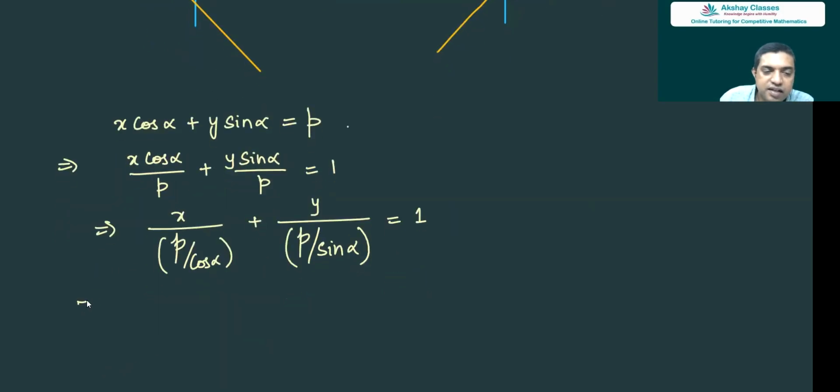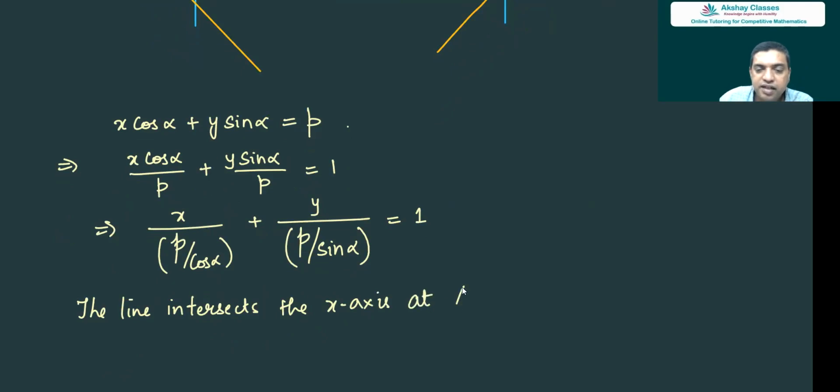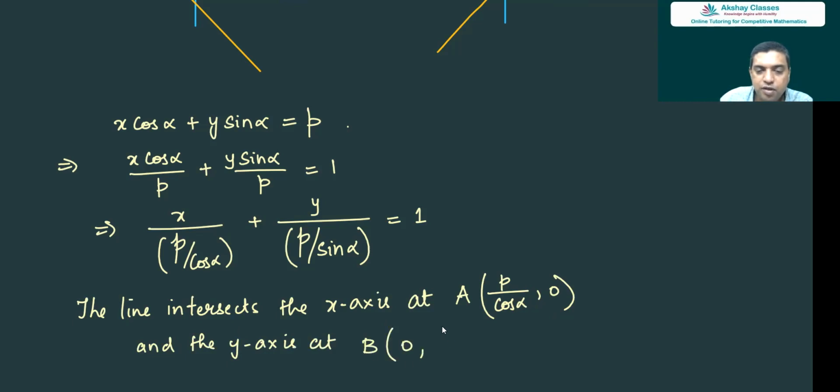So the line intersects the x-axis at, say, A: P upon cos alpha comma 0, or P secant alpha comma 0, and the y-axis at B: 0 comma P upon sin alpha.